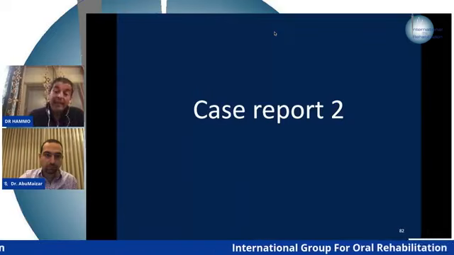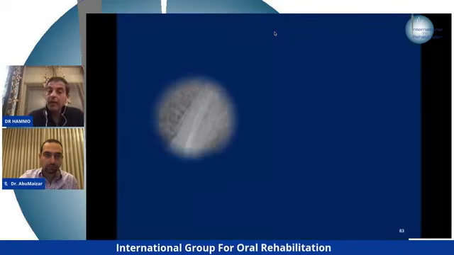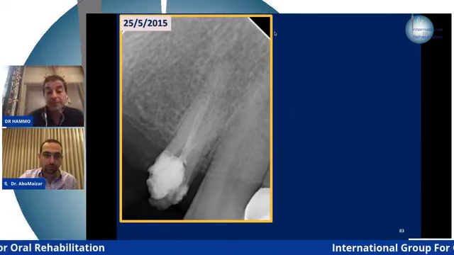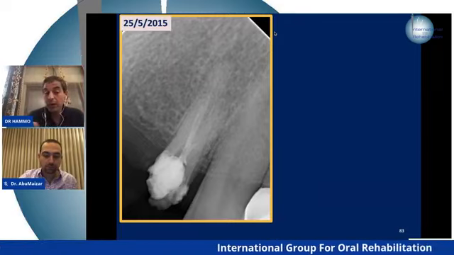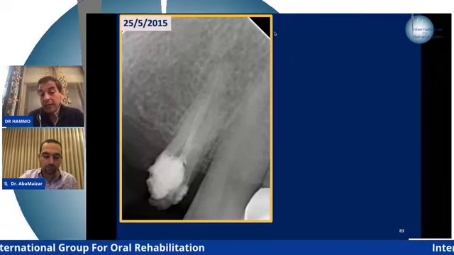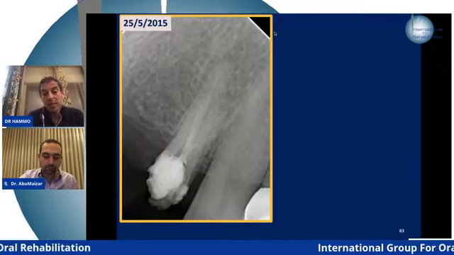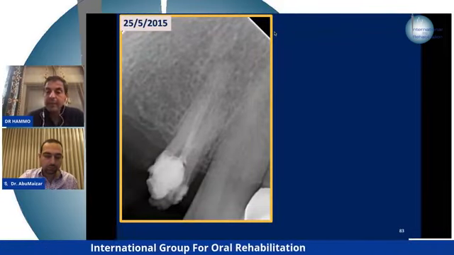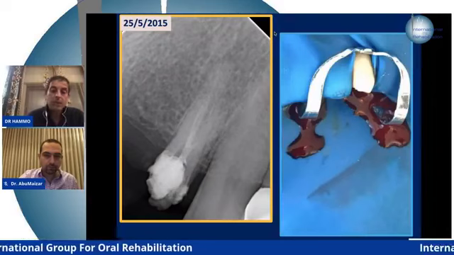The second case is for this premolar, and this premolar is for a lady. She was 70 years old, and she came to have root canal treatment. It has 3 roots. While I was doing the treatment, the blood was coming.